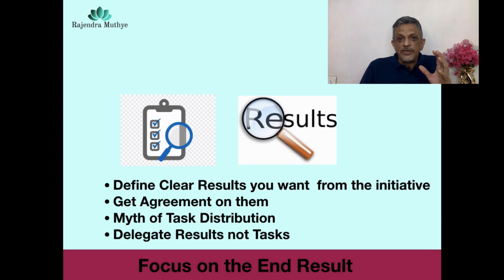So you need to be extremely clear as to what you want as the end result of the delegation. That's where the responsibility lies with you. The accountability lies with you. Because if you are not clear, how will you communicate to them what you want, and how will they start giving you the results that you want? Clear? So focus on the end result. Be clear of what results you want.